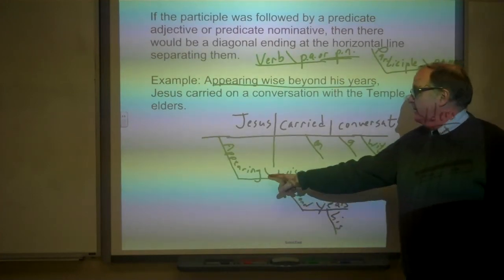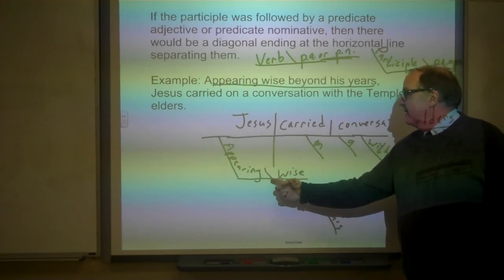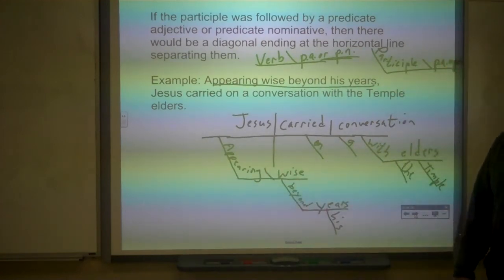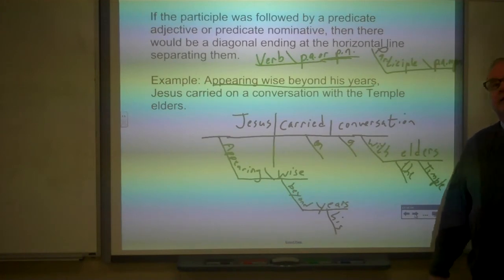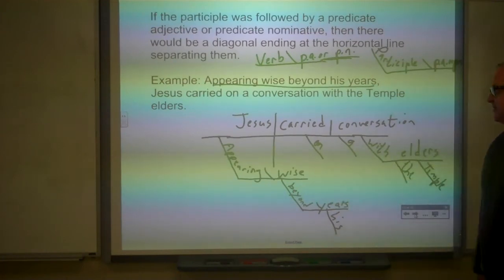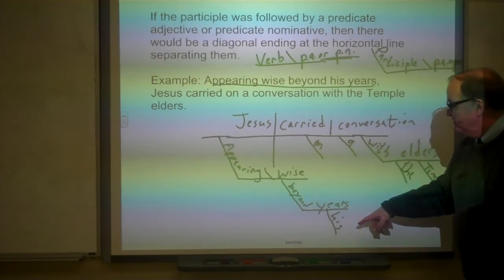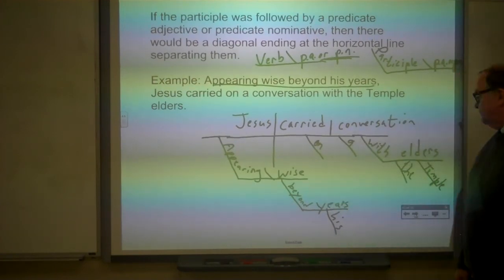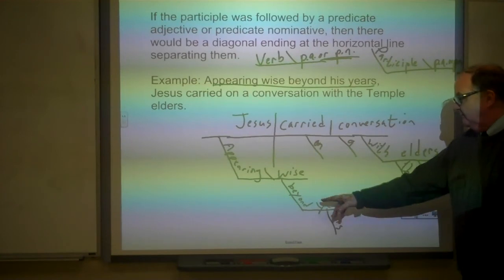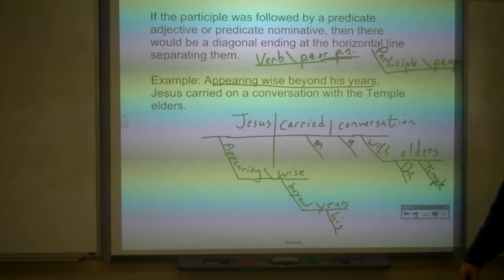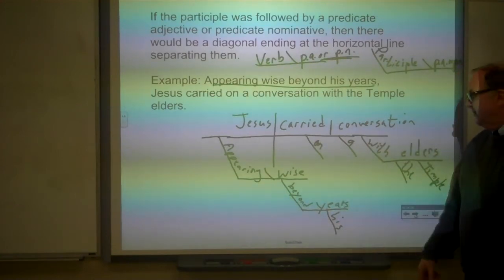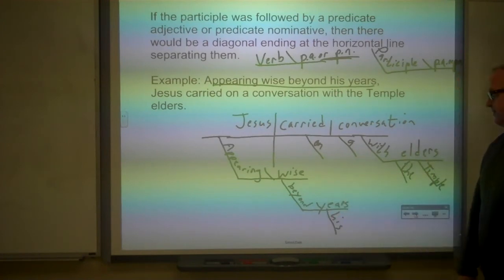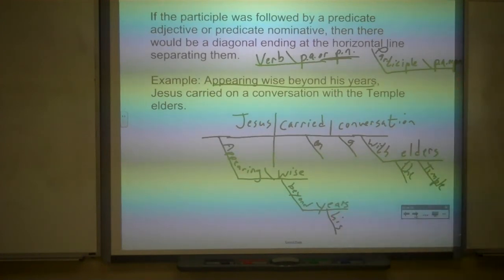So in this case we would have the diagonal line separating the participle from the predicate adjective. Of course, it would be the same for a predicate nominative as well. And then beyond his years modifies wise. It is the prepositional phrase modifying wise. Beyond is the preposition, years is the object of the preposition, and his is modifying years.